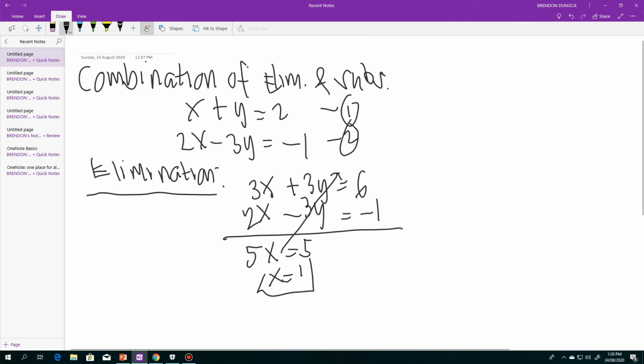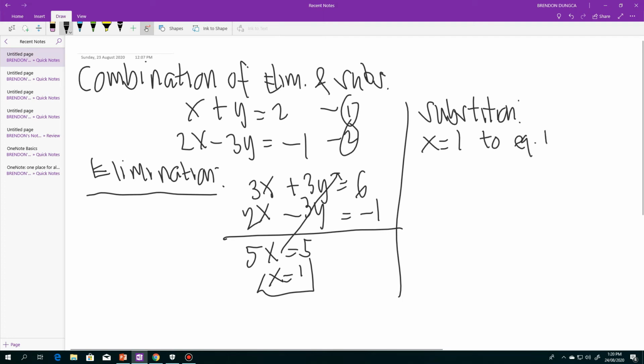Next, we will use substitution. So let's go to this other side. Since we are using a combination of the two, we have gotten x is equal to 1. So we substitute x is equal to 1 to equation 1. So therefore, our x is 1 plus y is equal to 2.